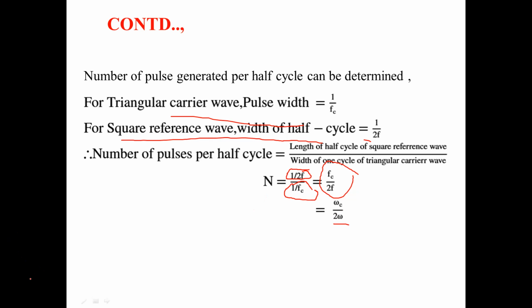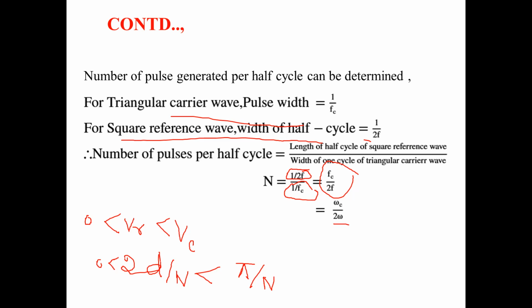The control range is 0 less than VR less than VC, and similarly the width will be 2D by N, which can be varied over 0 less than 2D by N less than pi by N. These are the ranges.